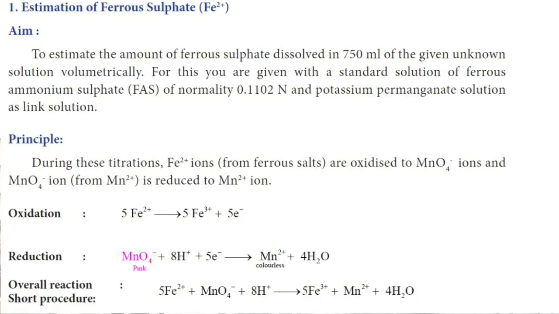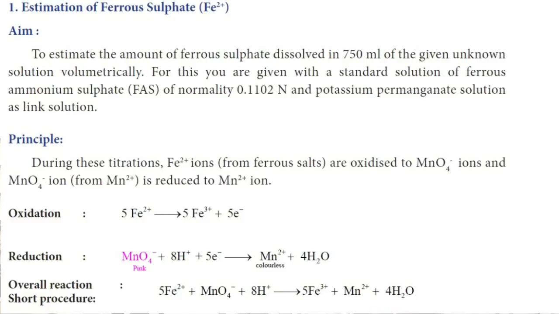So this is the oxidation reaction. Under the reduction, we have the potassium permanganate, KMnO4, which is going to be reduced to the manganese ion, that is Mn2+. The electrons which are lost by the ferrous ion are gained by the permanganate ion.